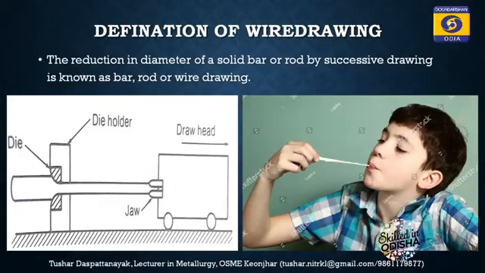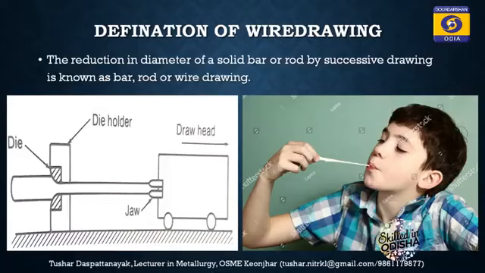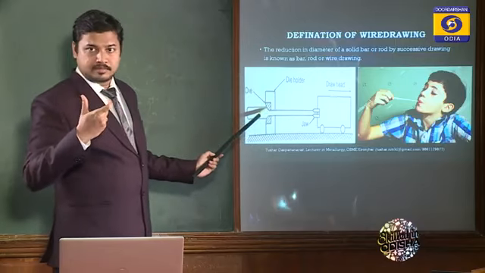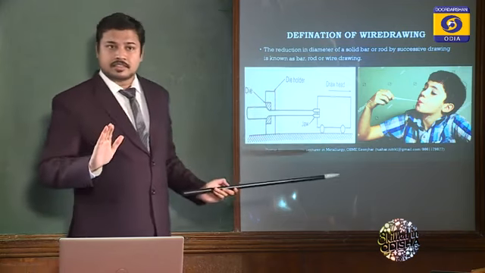These are the equipment used in wire drawing. First is the draw head, also called the draw bench. It's a die holder. This is a die, and this is the solid bar or rod. Do you understand the process?